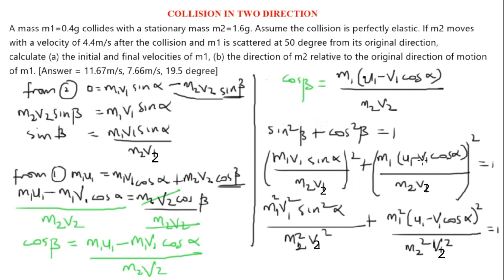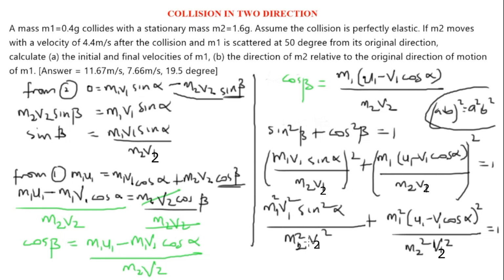The expression here is just like having a over b all squared, which will give us a squared over b squared according to the law of indices. So it's the same thing: we have m1 squared, and the others in brackets also have their own squared.